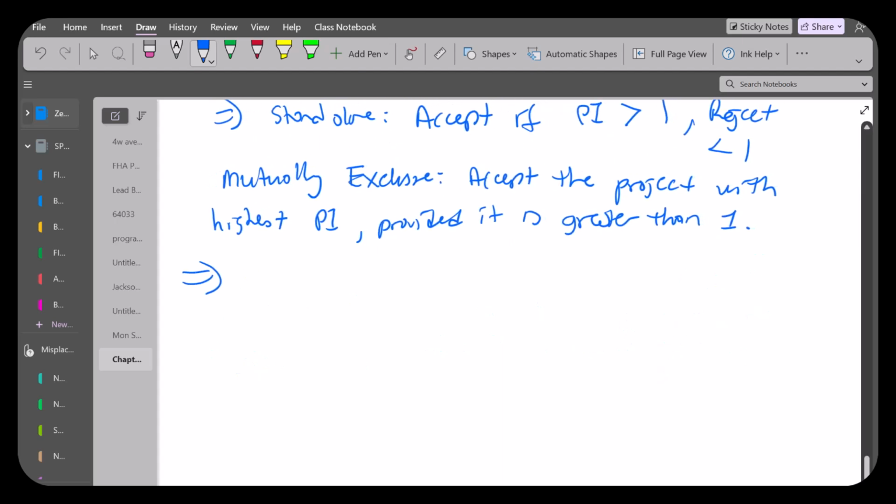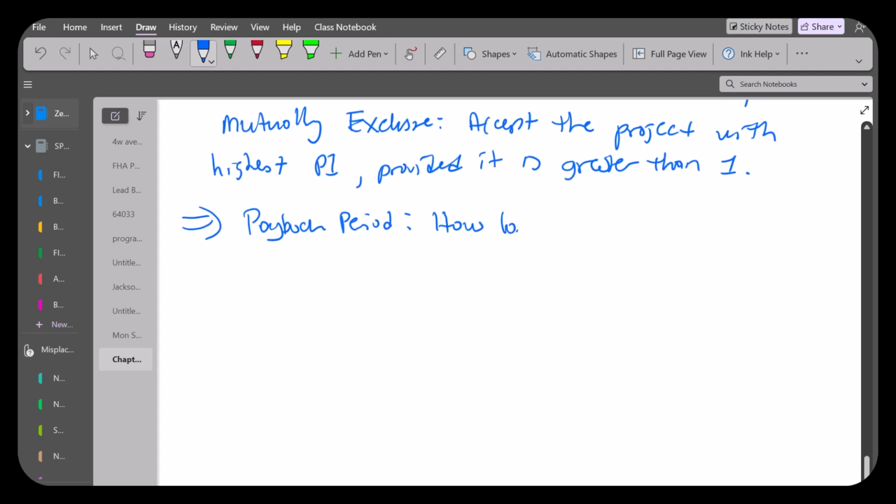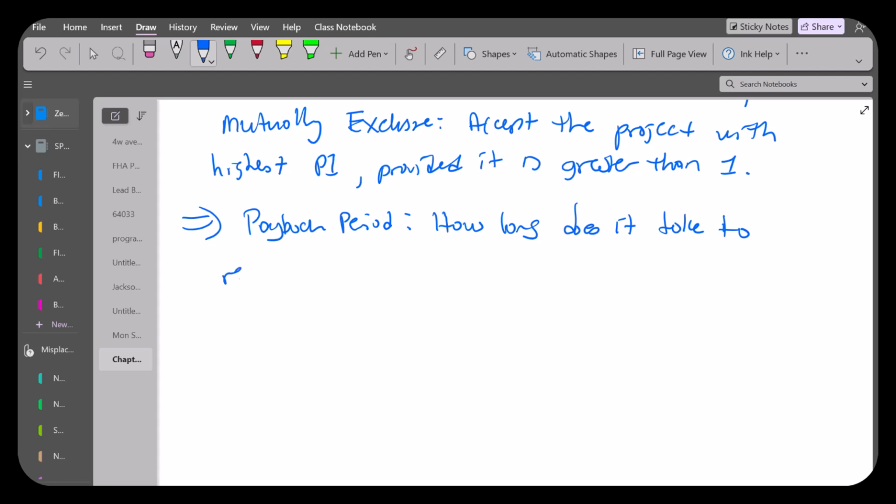Let me briefly introduce the payback period. Let's spend more time on this with the template. It basically asks how long does it take to recover the investment.